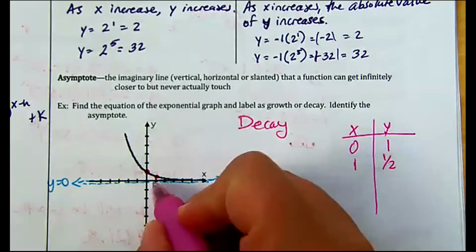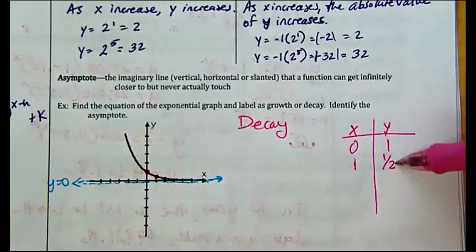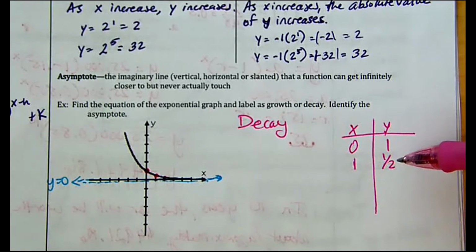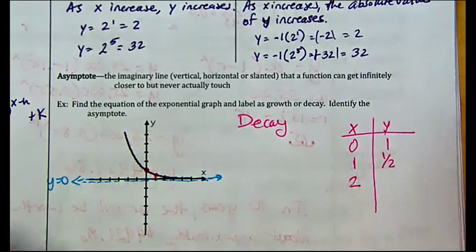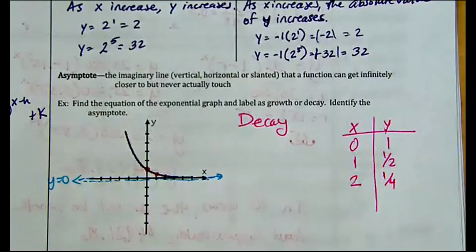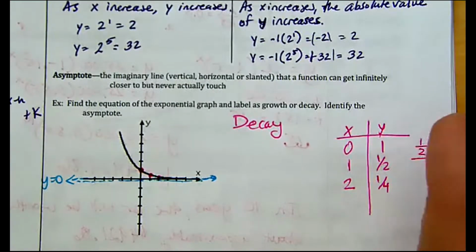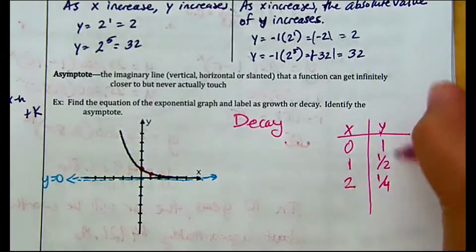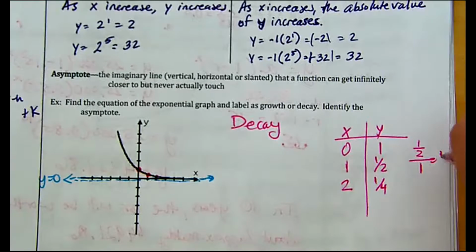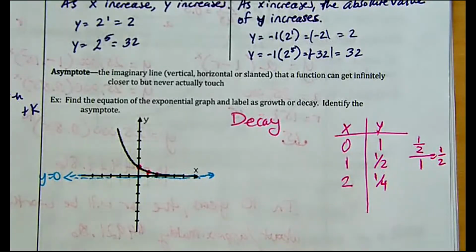And then it's going to get increasingly more difficult here. But if I go by this pattern, then at 2, it's going to be a 1/4. Which means my B, I can do 1/2 divided by 1, right? I'm dividing my Y's here, which is going to be 1/2 either way. So my B here is 1/2.